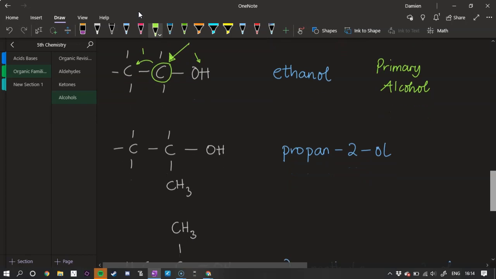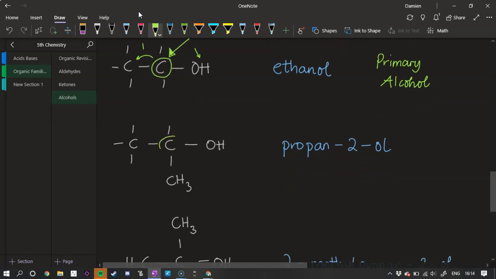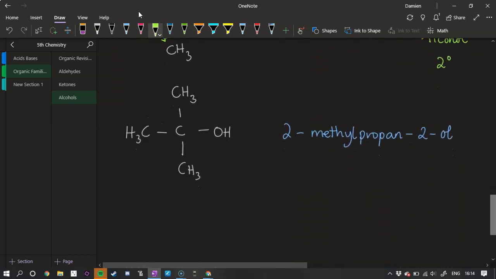When you look at the next example, the carbon that's bonded to the OH group is bonded to 2 carbons. And this makes this a secondary alcohol. And then the final example is this long one here, where the carbon that's bonded to the OH group, which is the one in the middle, is bonded to 3 other carbons.